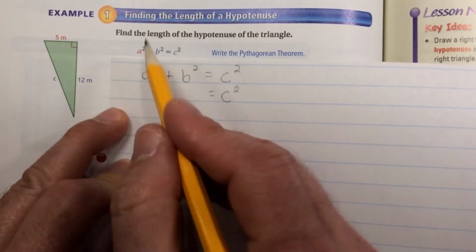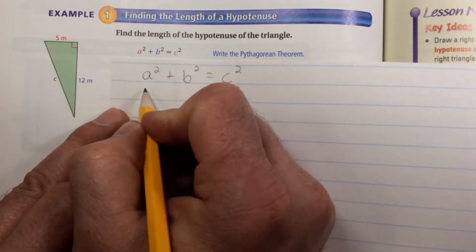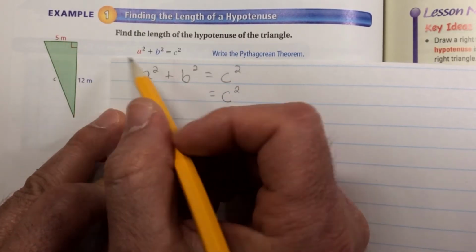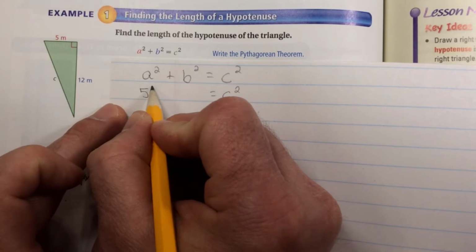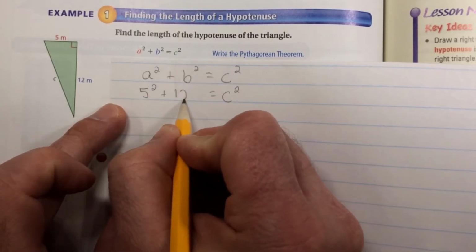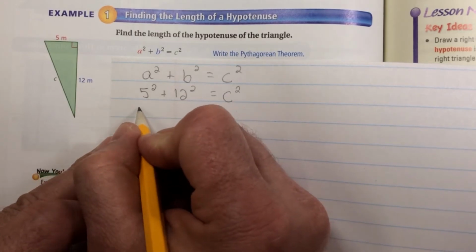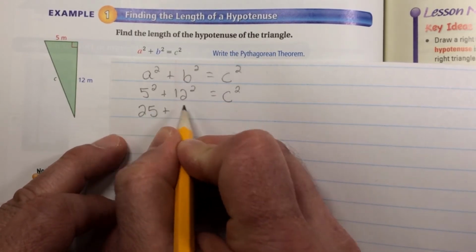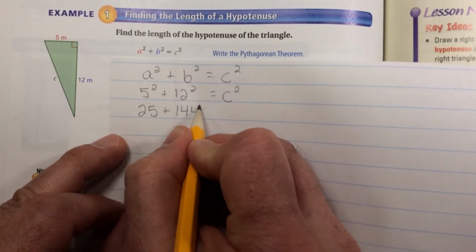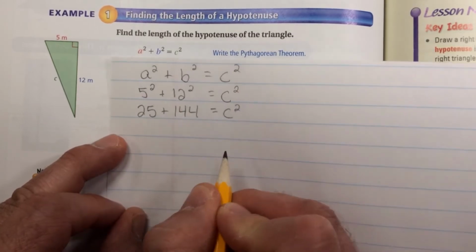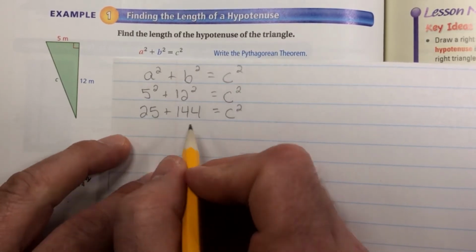But we do know these two. It doesn't matter which order you put them in, so we'll just count the 5 as the a. So we'll have 5 squared plus 12 squared equals c squared. 5 squared is 25, and 12 squared is 144. That equals c squared.